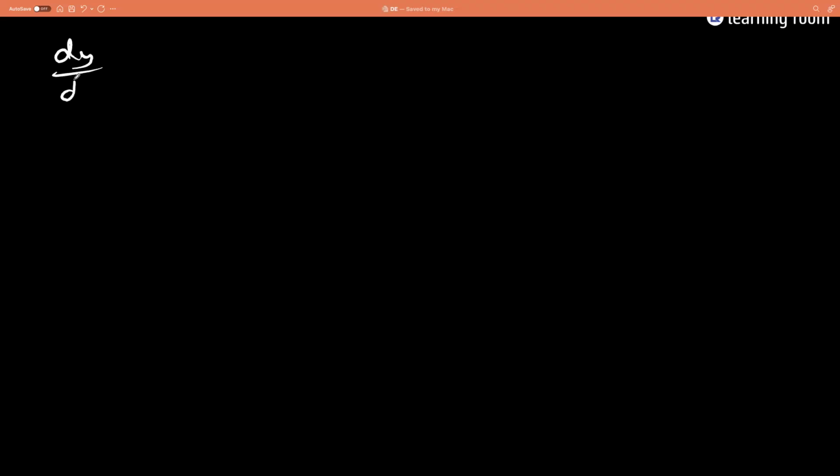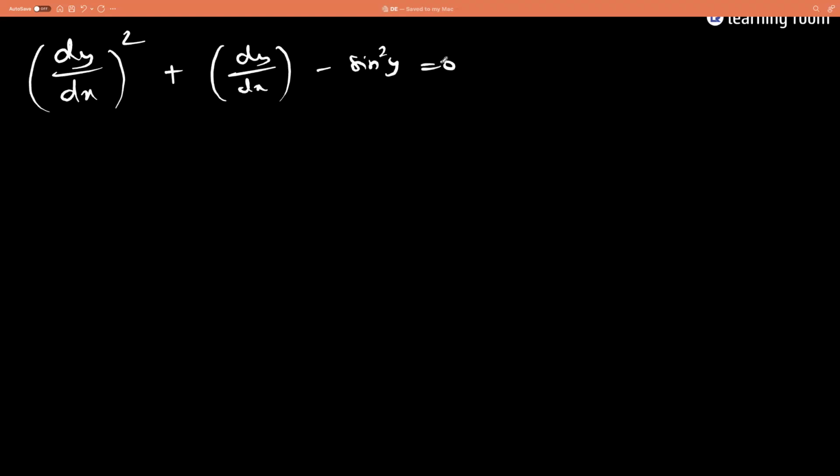Suppose I have (dy by dx) the whole square plus dy by dx minus sine square y is equal to 0. What is this? So what is the order? Order is 1.